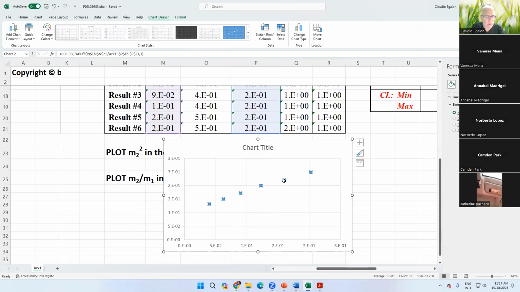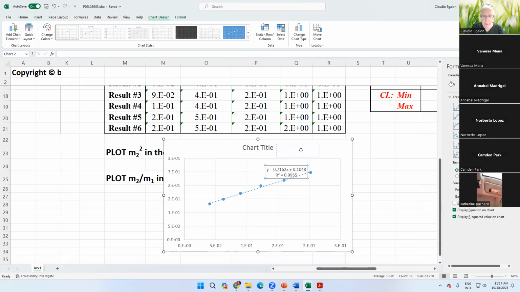What is this value? 0.995. Okay, 0.995 is R square, but I don't want 0.995. I want the slope. That's the slope, see here? Yeah, the slope is the same now. And this is the intercept.